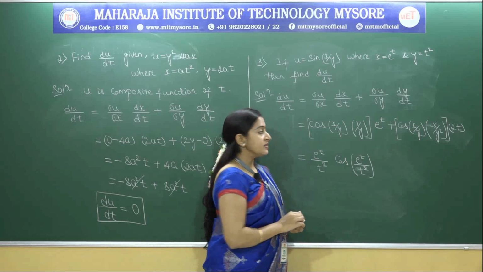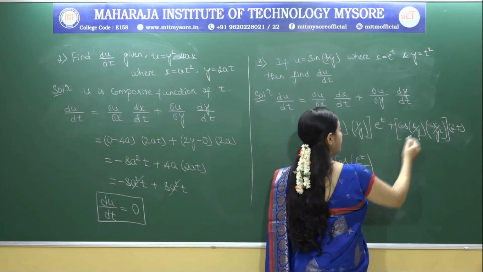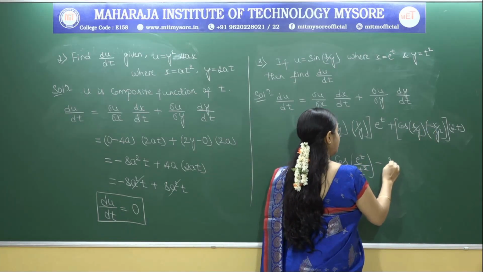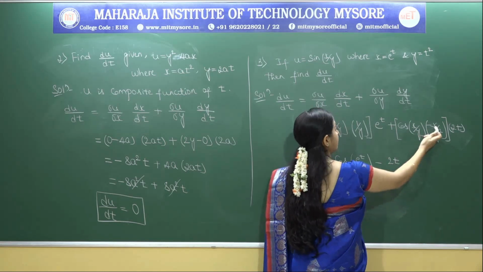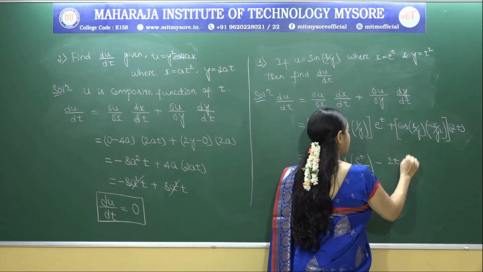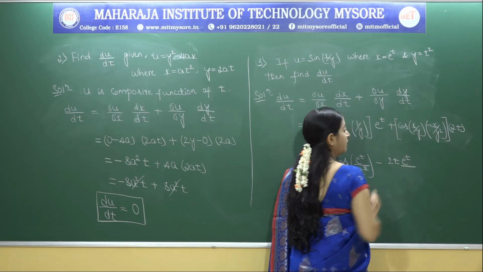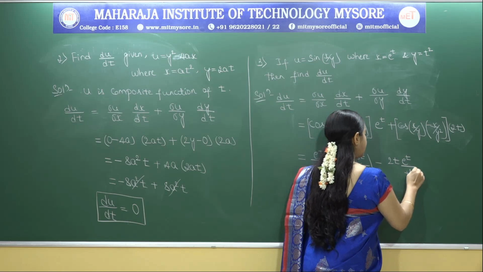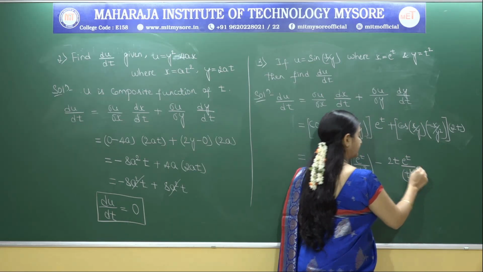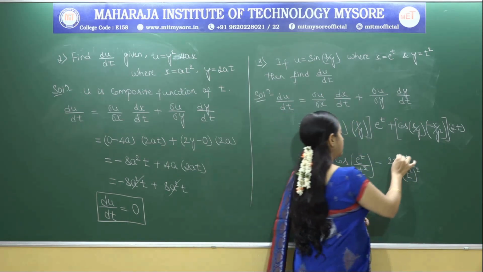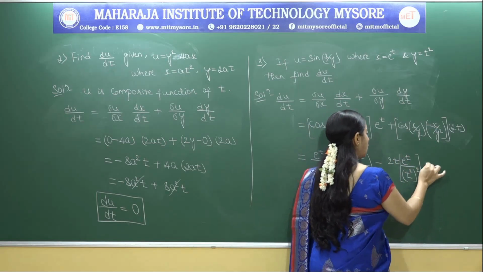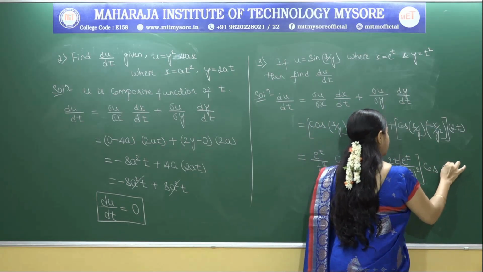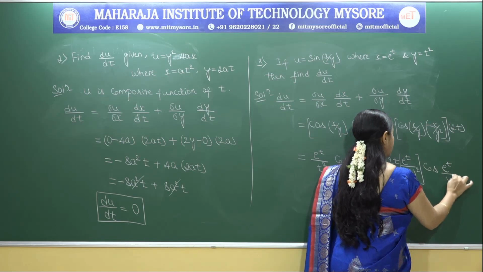This is the first part. Similarly the second one, here you have the negative sign, minus 2 into t, you keep it. For x you substitute e power t, and in the denominator, y square, you substitute t square whole square. Next you keep cos of x by y, that is e power t divided by t square, as it is.